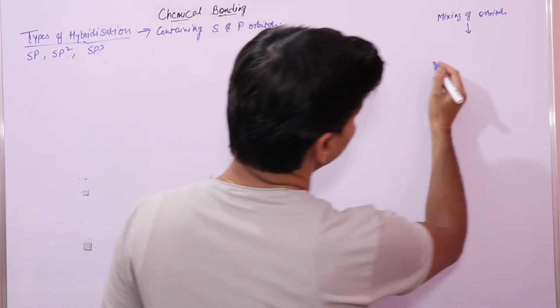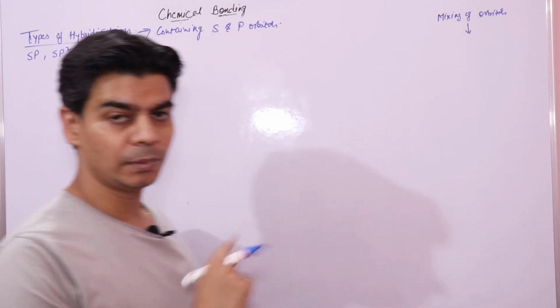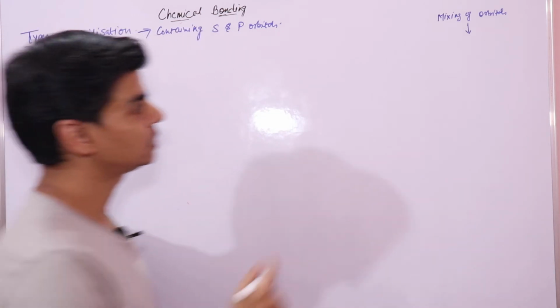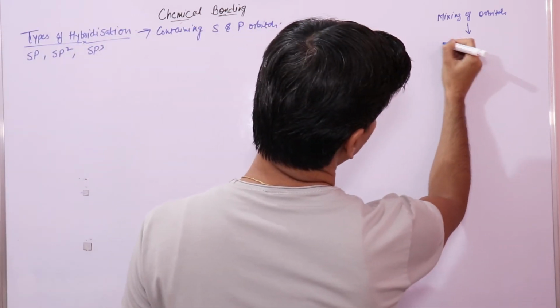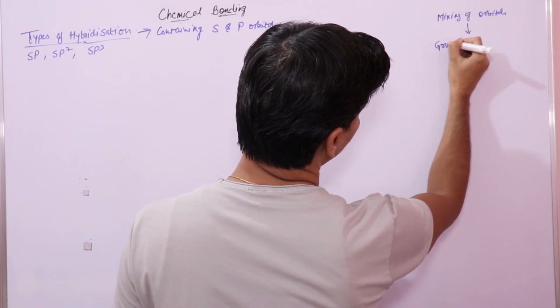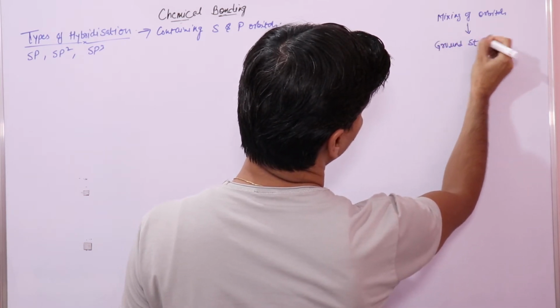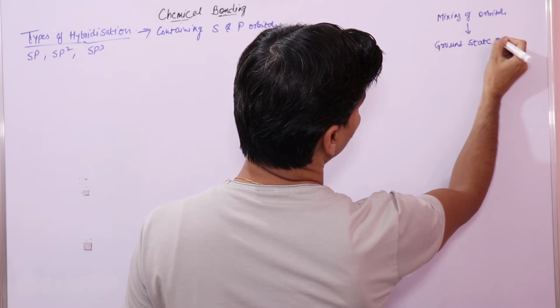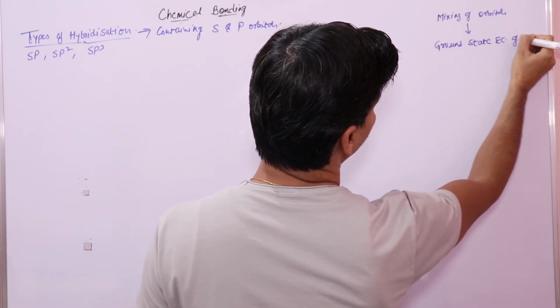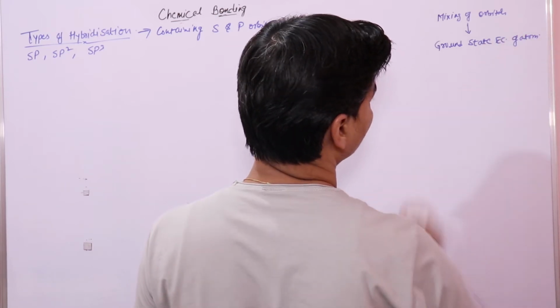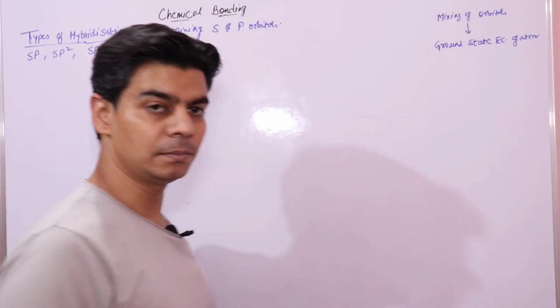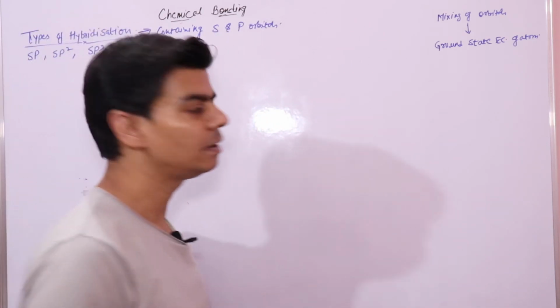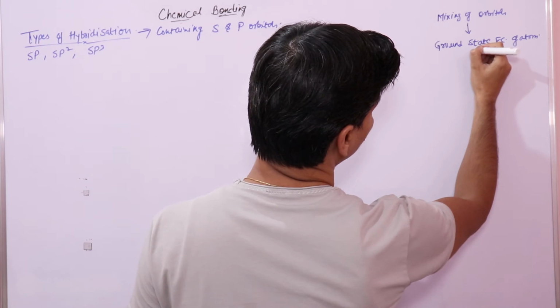So, the first thing we will be doing in hybridization is to write the ground state electronic configuration of the atom that will undergo hybridization in the covalent molecule.